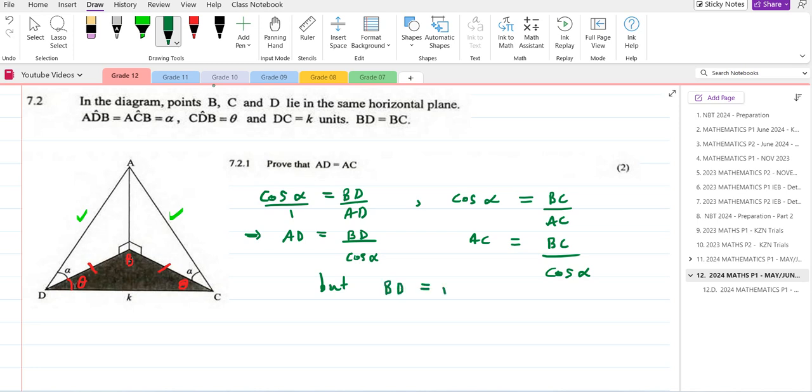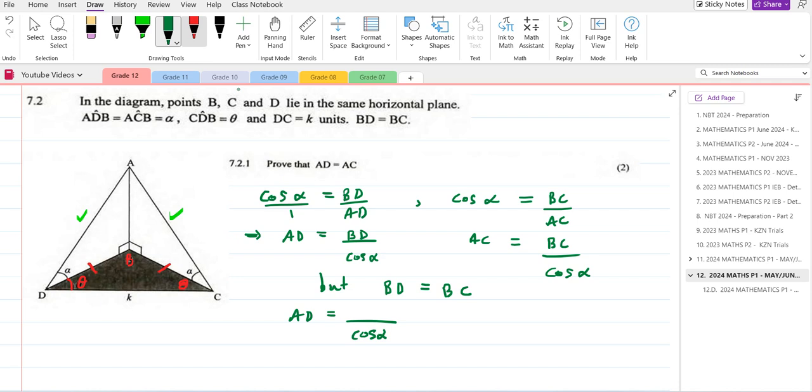So we can replace this BD with BC. Remember, BD is equal to BC. This is given.